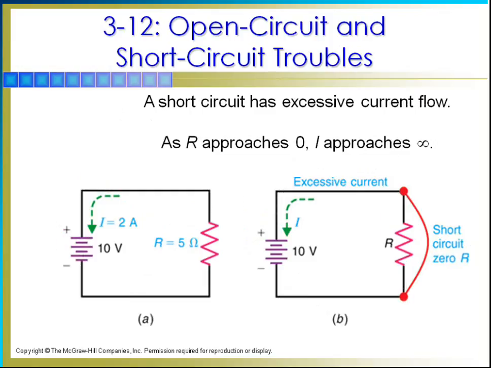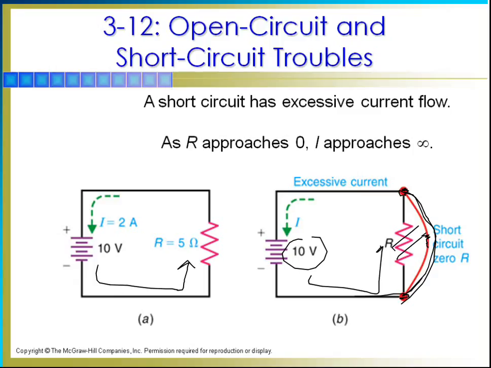Then you have the short circuit. Once again, you got a beautiful circuit here working like a champ. Over here, you got 10 volts, and somehow you got a short, a hunk of wire across your resistor. What you got is a hot piece of wire forming here because you've got infinite current flowing around that resistance. That resistor may as well not even be there.